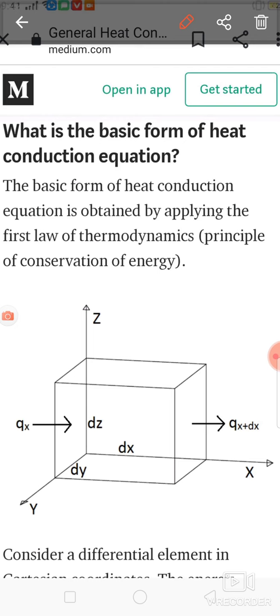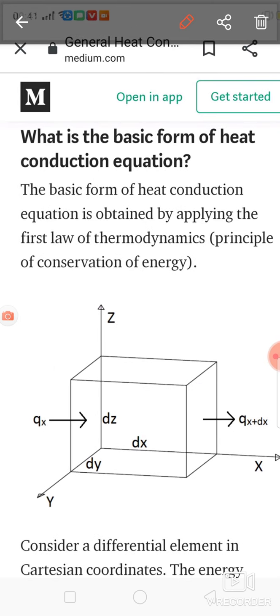And similarly for the z direction, qz is conducted into the element, and qz plus dz is conducted out from the element in the z direction. So this much heat is conducted into and out of the element in the x, y and z directions.